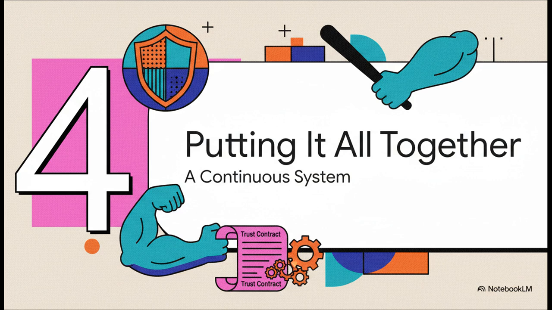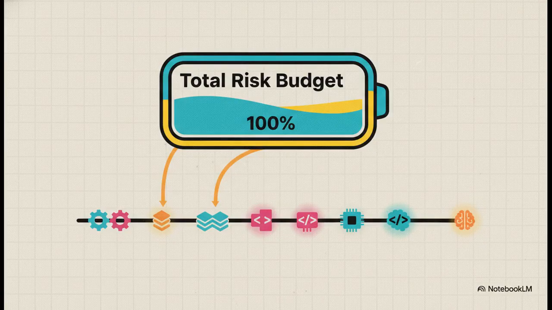So let's put it all together now. When you combine these three big ideas, the safe zone, the bouncer, and the trust contract, what you get is a really comprehensive safety system that is always, always on. And this leads to a super important point. See, a long series of actions that are all individually safe could still add up to a really unsafe outcome. CAST gets this, and it accounts for it by thinking about safety as a risk budget.